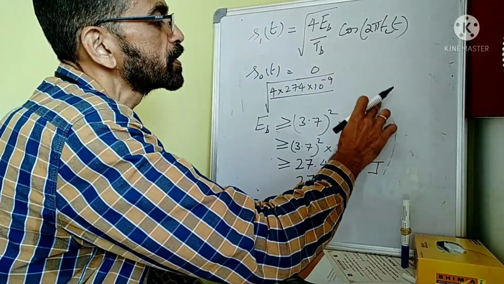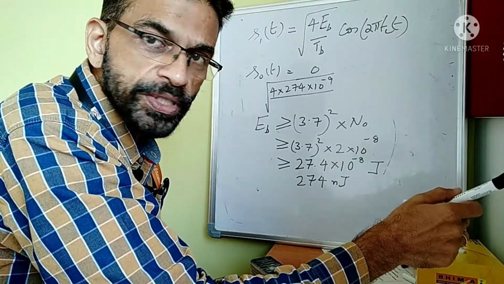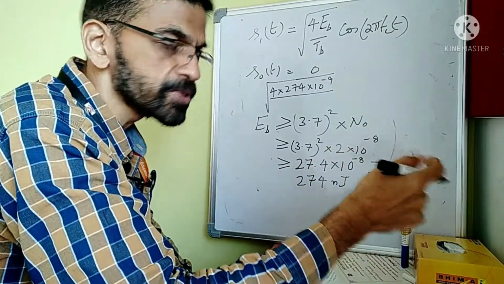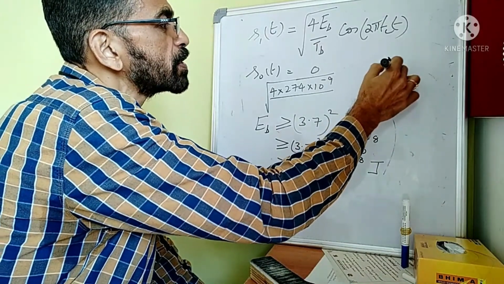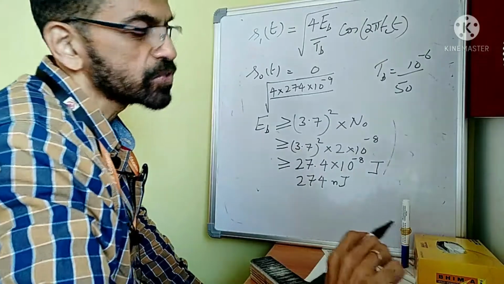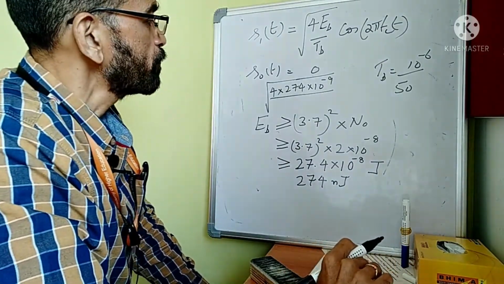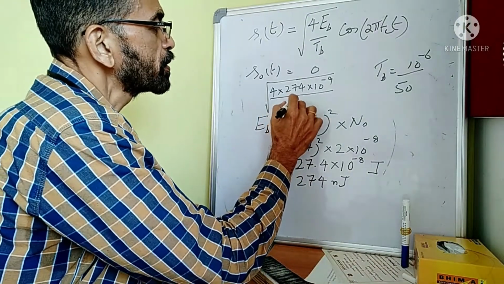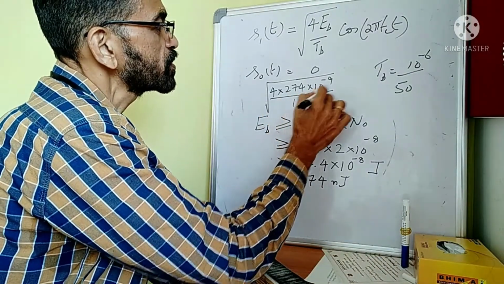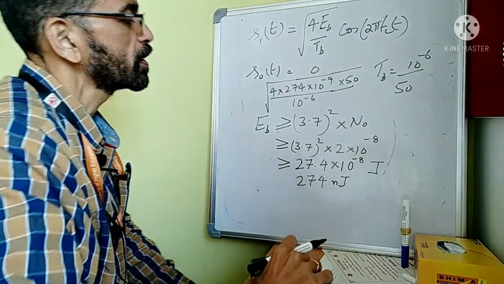We are told that the bit rate is 50 megabits per second. So T_B will be 1 by 50 megabits per second. That means 10 power minus 6 by 50. So we can substitute for T_B here 10 power minus 6, and 50 goes to the numerator.